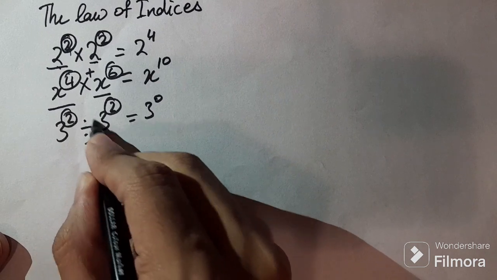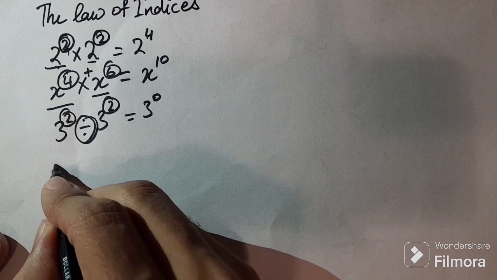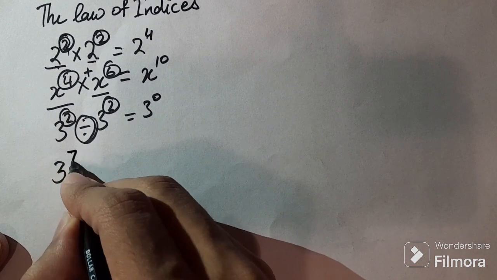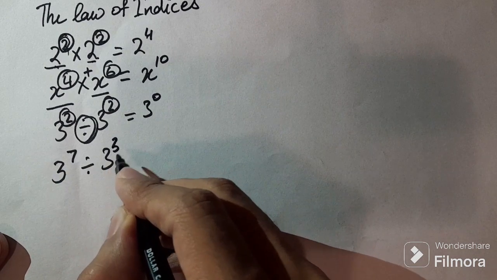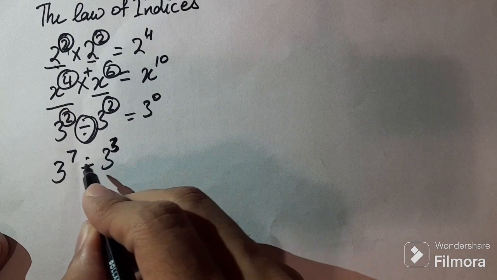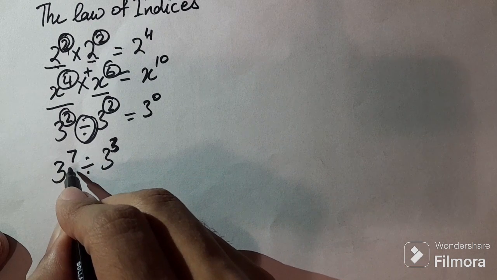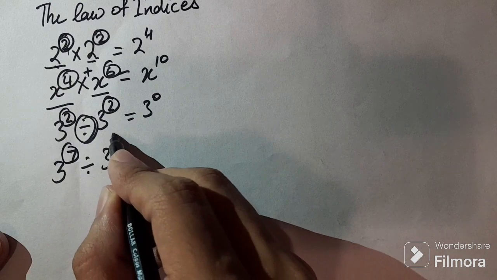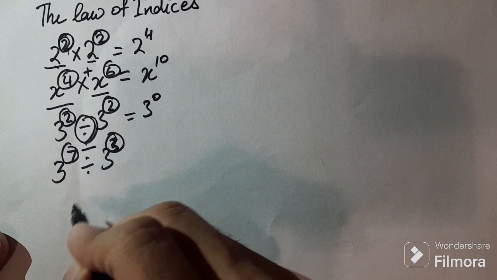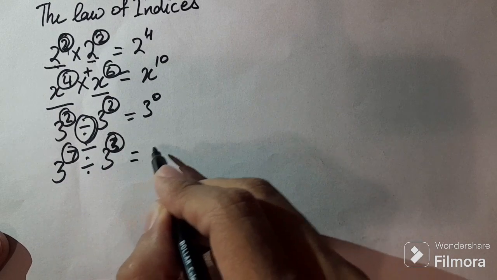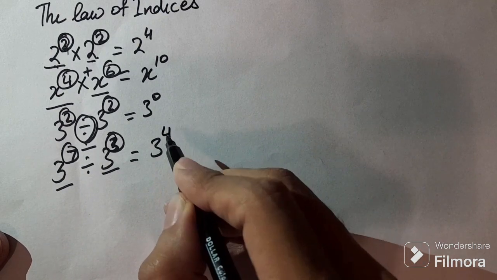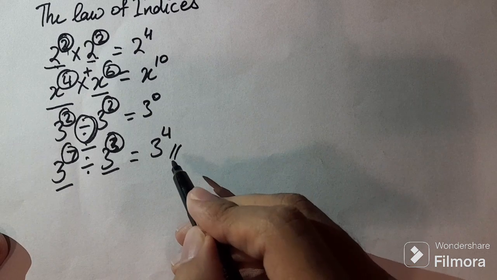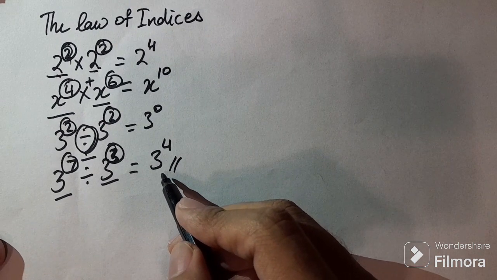Another example for the division sign will be 3 to the power of 7 divided by 3 to the power of 3. Here we subtract 3 from 7, which is 4, and the bases will be the same. So the answer will be 3 to the power of 4.